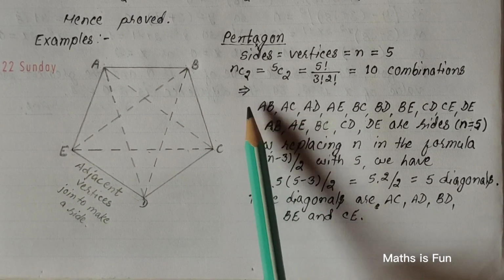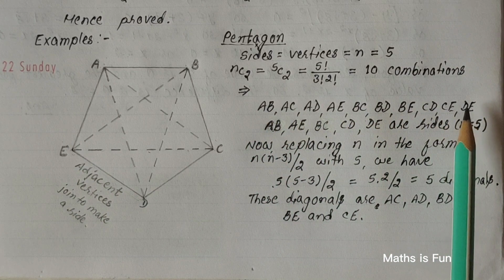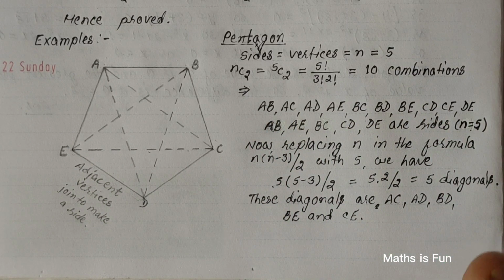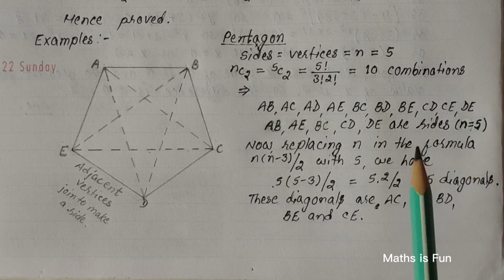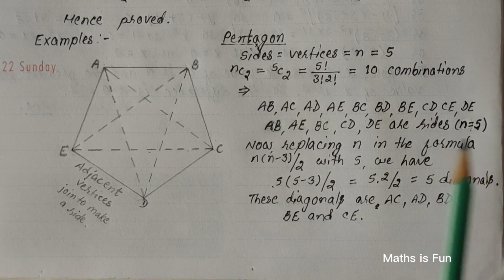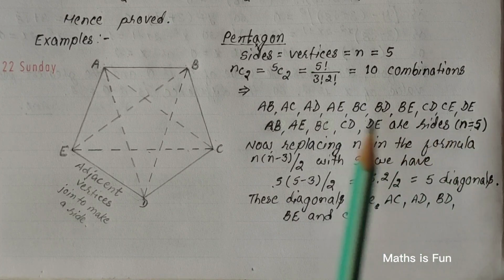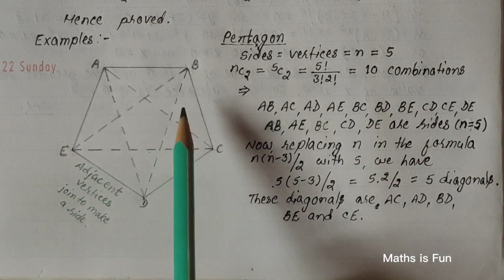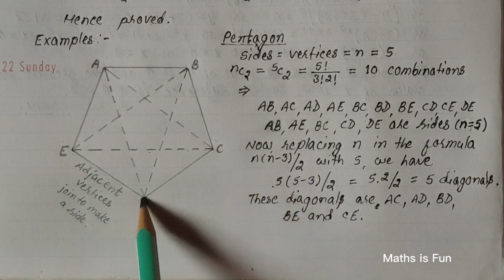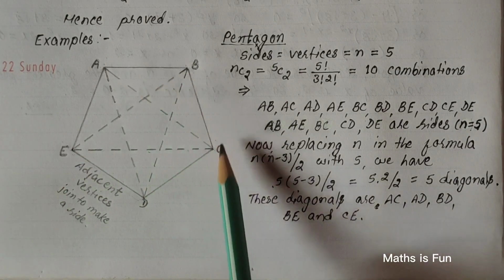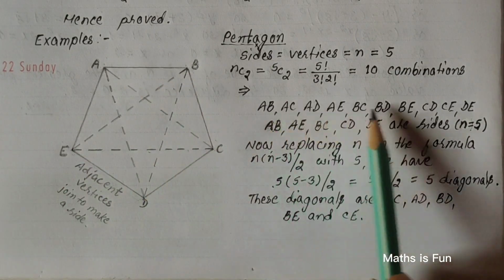Among these 10 pairs of vertices, some of them are sides and some of them are diagonals. We know that there are 5 sides. These 5 sides are AB, AE, BC, CD, and DE. So we have 5 sides reflected in these 10 combinations.